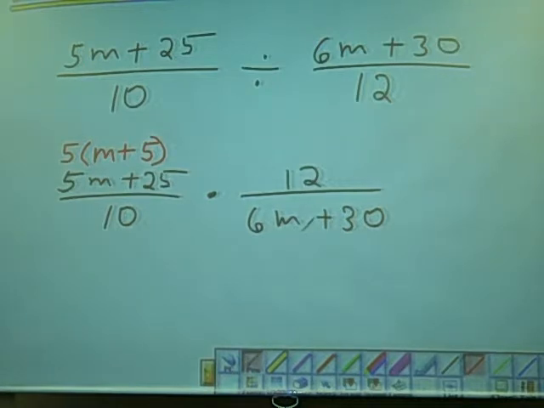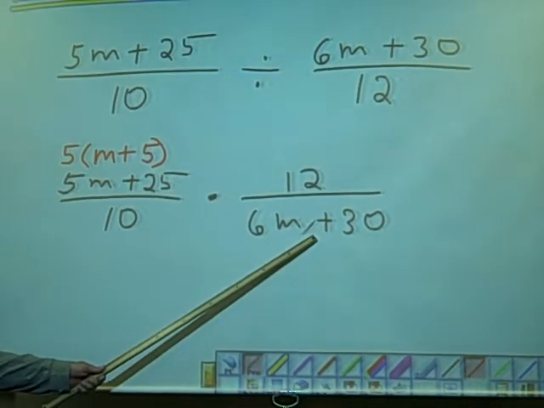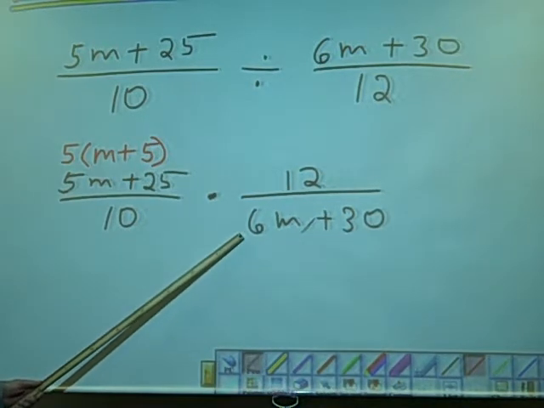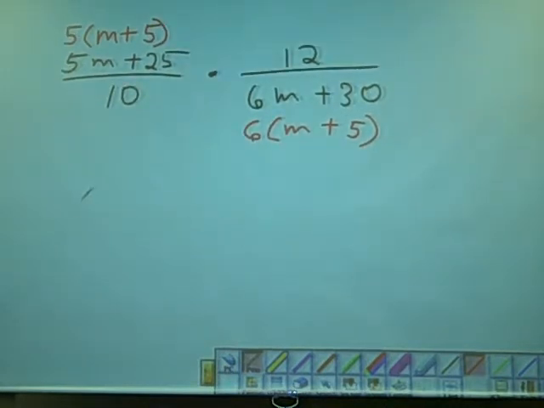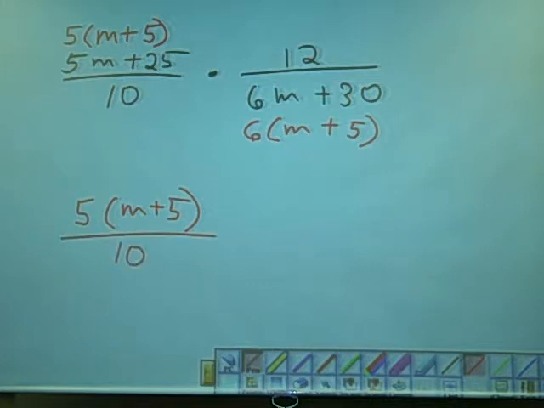What's a common factor there for the second term? Can we factor 6 out of both? Yeah, we can, right? Because 6 times 5 is 30, so we factor the 6 out, and that leaves us with m plus 5. So this is what we've got. We've got 5, parentheses m plus 5 over 10 times 12 over 6 times m plus 5.